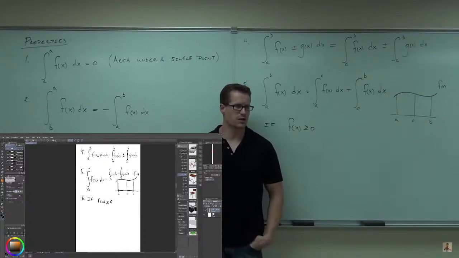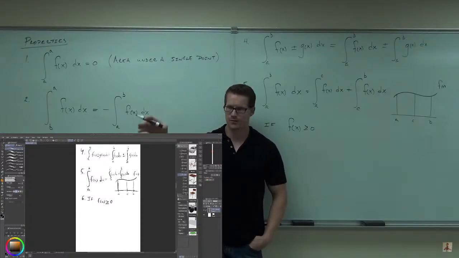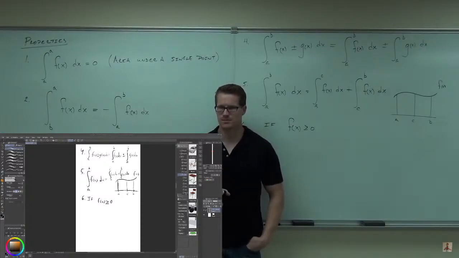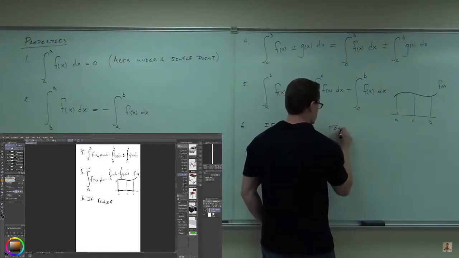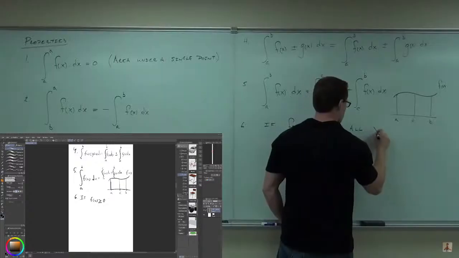So if the function is always above the x-axis for every x on a certain interval, that right there says x is an element of [a, b]. It just says x is within that, okay?